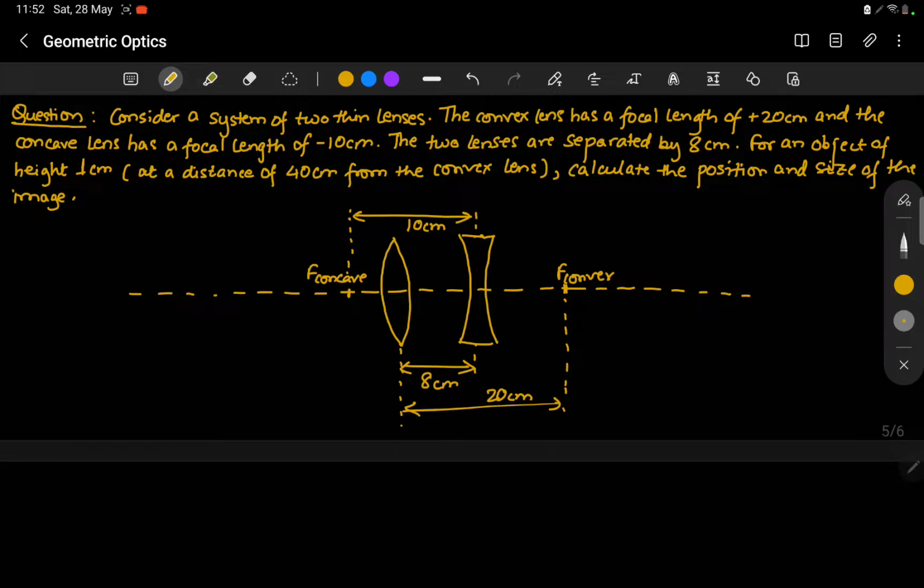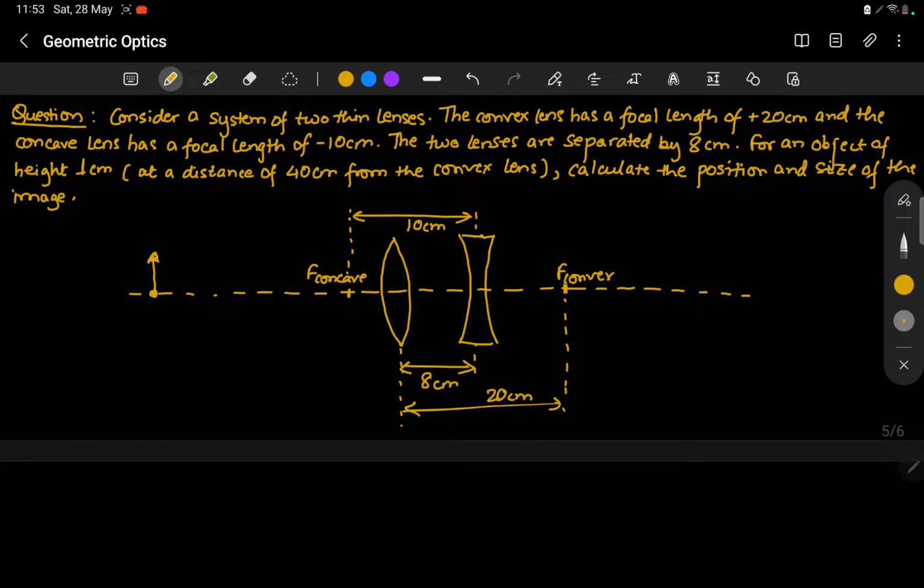And the object is placed at 40 centimeters, so somewhere over here, this is our object. An object is not point sized, it is height 1 centimeter.